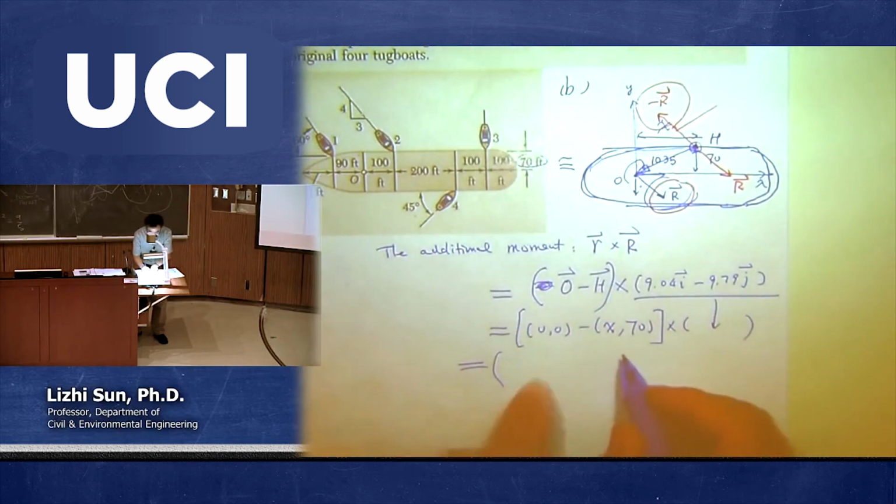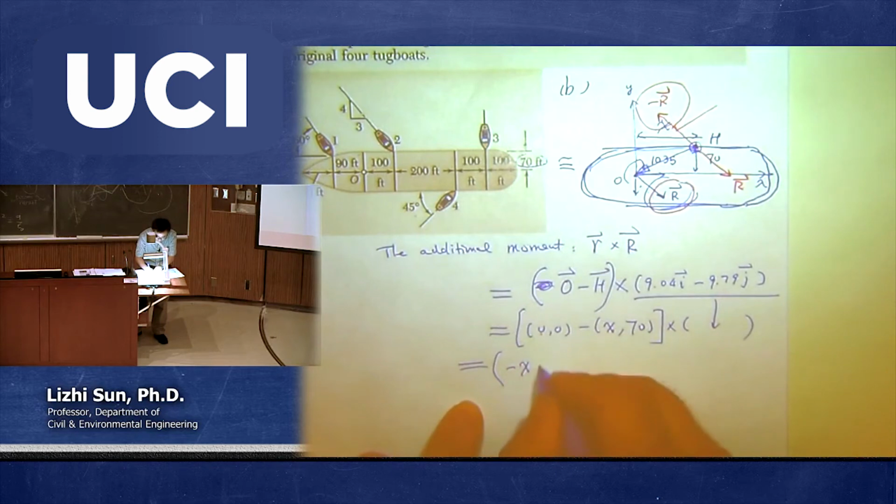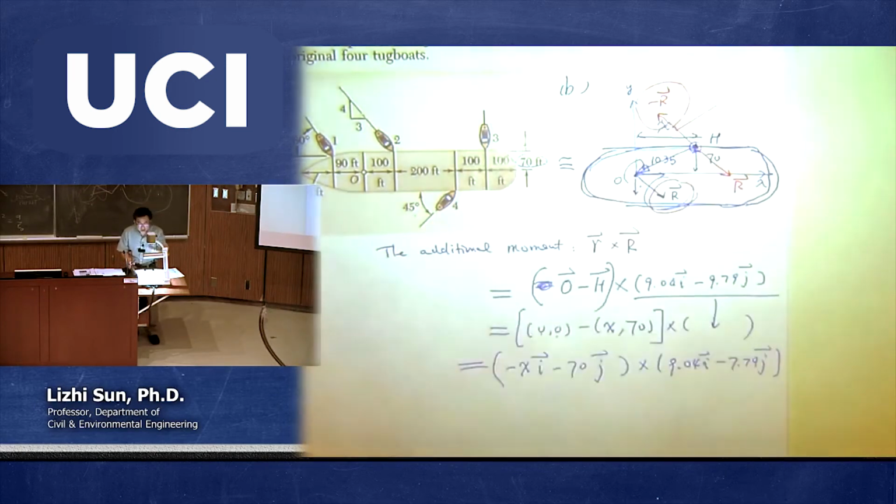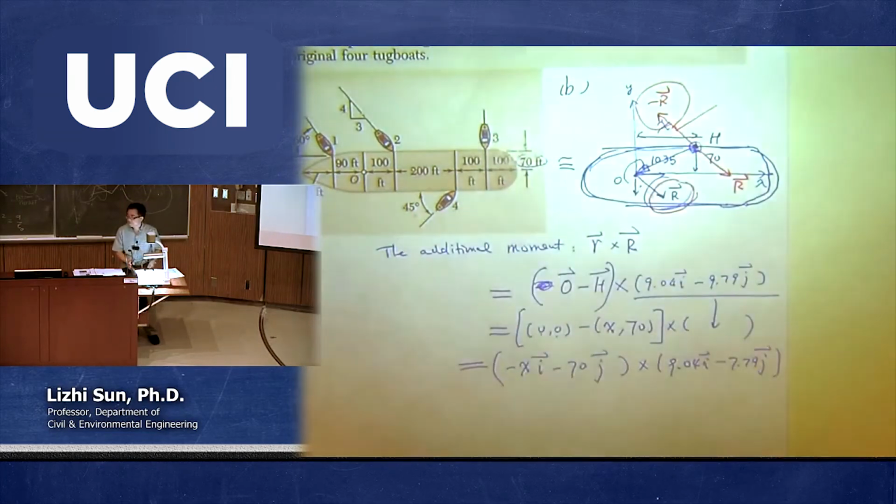So then what we got is a negative x, right? 0 minus x is negative xi. 0 minus the negative 70j. So this is a distance vector called r, and then cross 9.04i minus 9.79j. So this is what you can continue to calculate, but this is the additional moment created by this couple, or by these two forces.